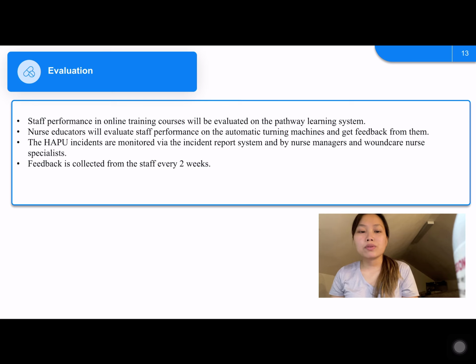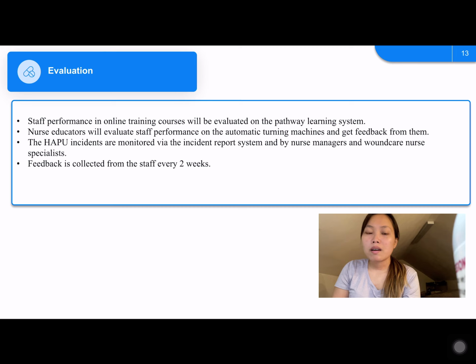In phase 2 and phase 3, the hospital acquired pressure ulcer incident rate is expected to decrease and will be recorded via the incident report system. It means whenever a primary nurse, a caretaker, or even a wound care nurse notes a pressure ulcer which developed during the hospitalization, they will have to report it using the incident report system.